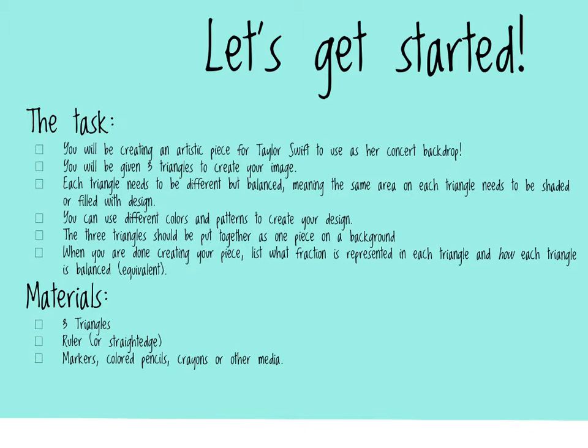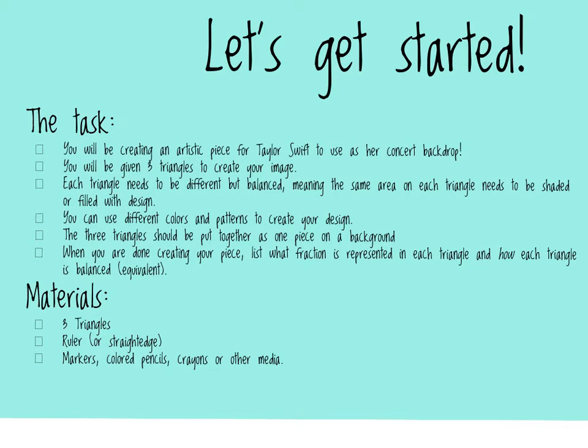That doesn't mean that we want them to look exactly the same. In fact, we want to make sure that each of these 3 triangles are different. The only thing that they have in common is that each of these triangles will be the same size. So you're working with the same space, the same area within them.